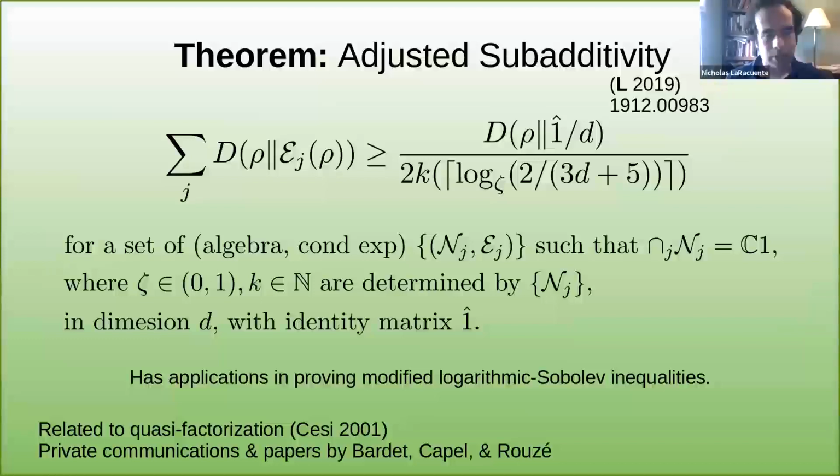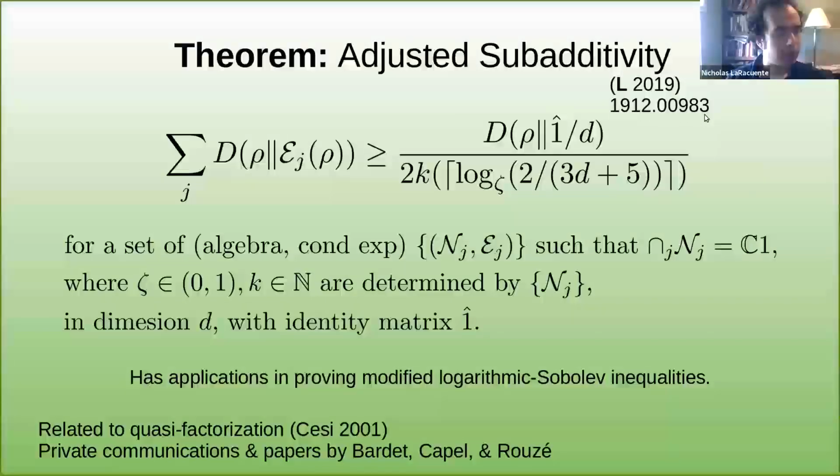And when they have a trivial intersection, the conditional expectation to that trivial intersection will, in finite dimension, take all states to a multiple of the identity, or to a normalized identity. And then, given that, we recover a dimension-dependent version of this subadditivity bound.